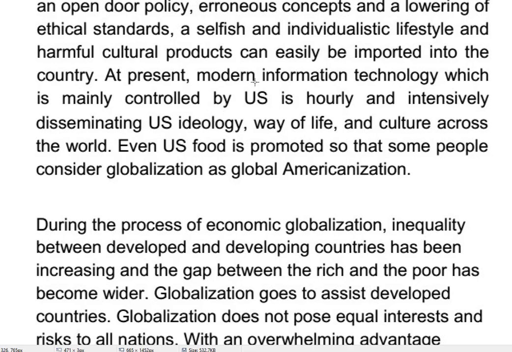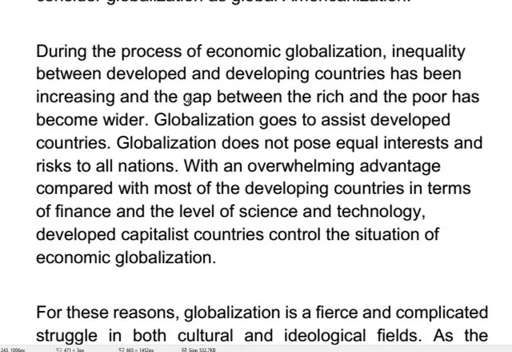Even food. Alright, so ideology, lifestyle, cultural products. Alright, so culture seems to be the theme there. Second reason, but it's not clearly signposted, but this is the second reason. About the economy. Gap between rich and poor.